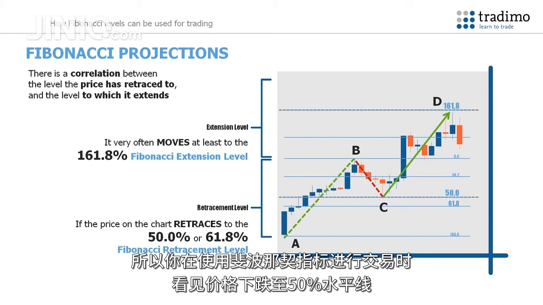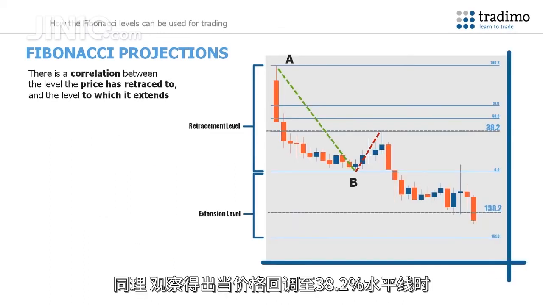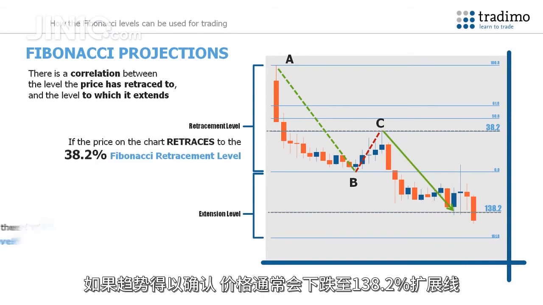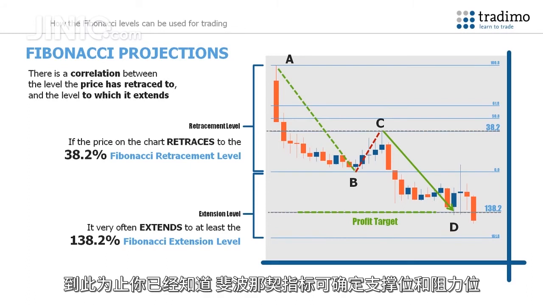So when entering a trade using the Fibonacci indicator, if you see that the price has come down to the 50% level, you can set your profit target at the 161.8% level. Likewise, it has been observed that more often than not, when the price retraces to the 38.2% level, the price will reach the 138.2% extension level when the market is in a confirmed trend.